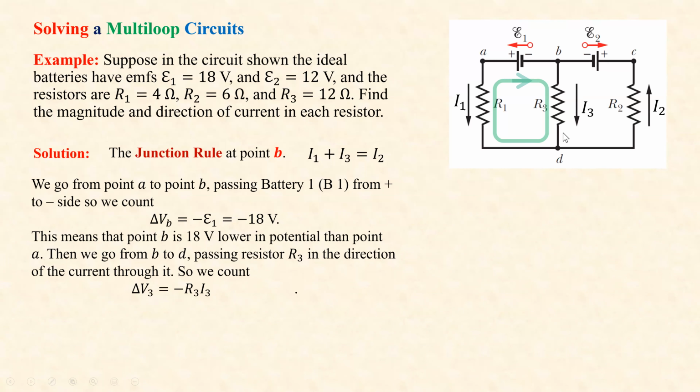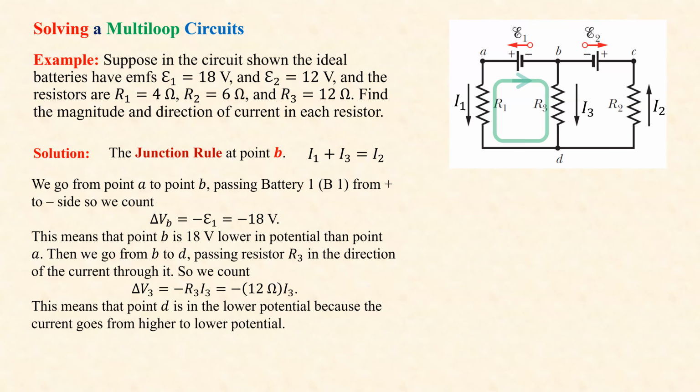Therefore, when we go from up to bottom, we lower the potential by this much. So that is negative 12 ohm, because R3 is 12 ohm, times I3 that we don't know what it is. This means that point D is in the lower potential because the current goes from higher to lower potential.